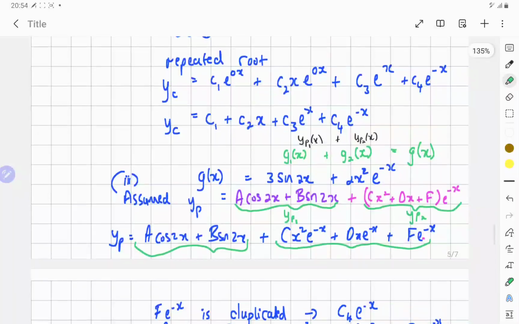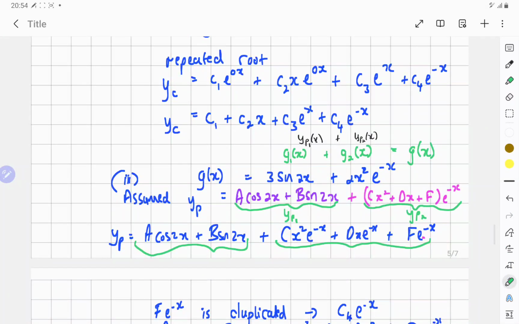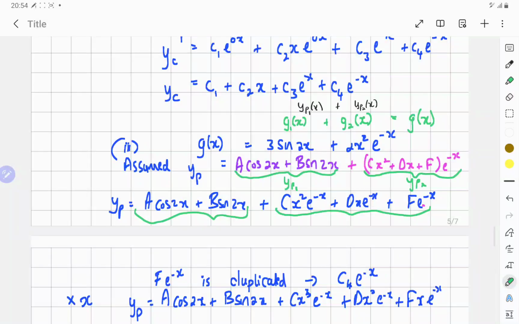Now, just to recap, why do I say assumed? Because I want to see, let's do this term first, if anything in this term is duplicated in my complementary function. But what do I see? Nothing is duplicated. So they're not the same form.